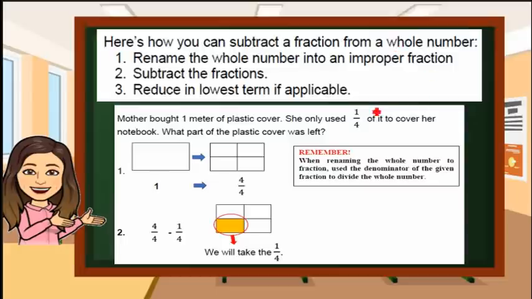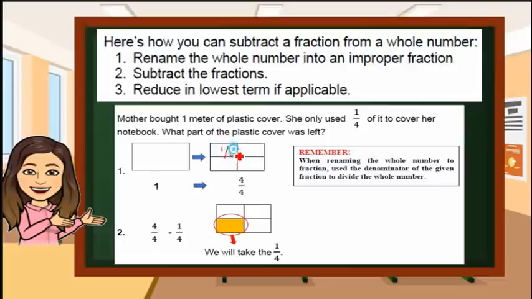So she only used 1/4. So it means mother divided the part into 4 equal parts. So 1 is equivalent to 4/4 because it is divided into 4 equal parts with 1/4 each, right?